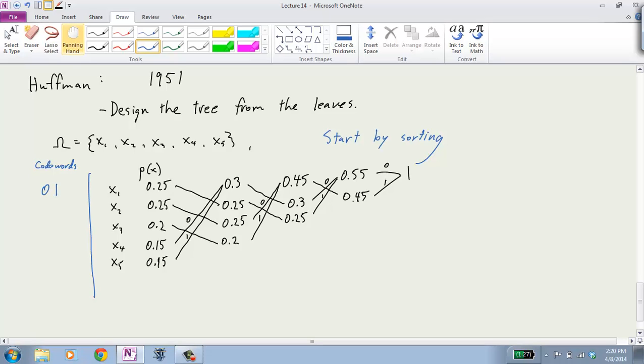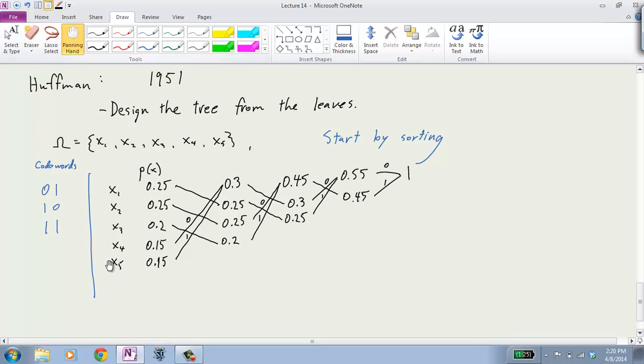Okay, x2, we go along this branch. We have a 0, nothing, 1. So it's 1, 0. You see that? x3, we have, again, nothing, and here we have a 1, nothing, 1. All right?